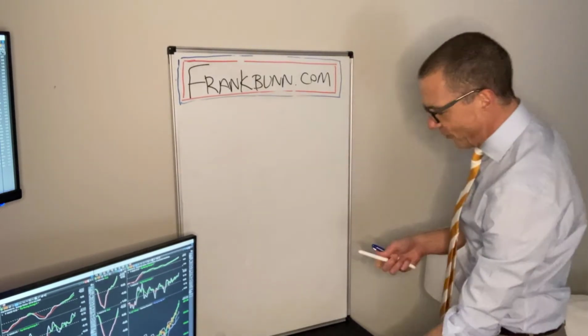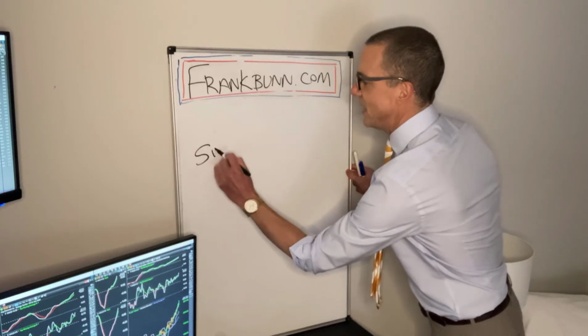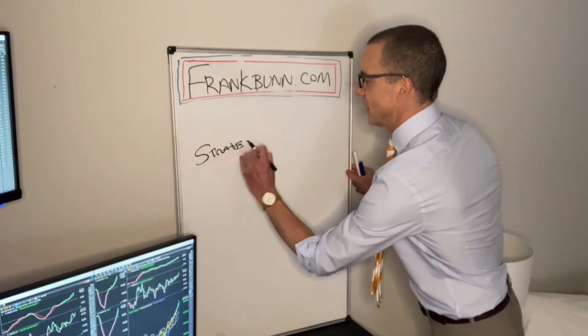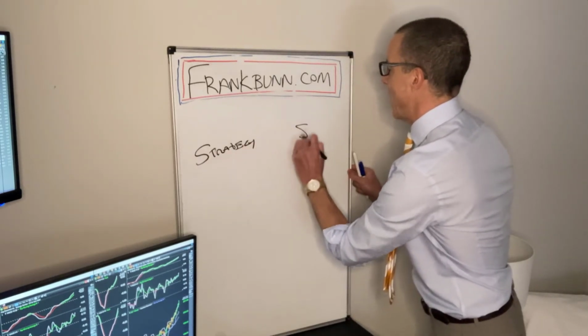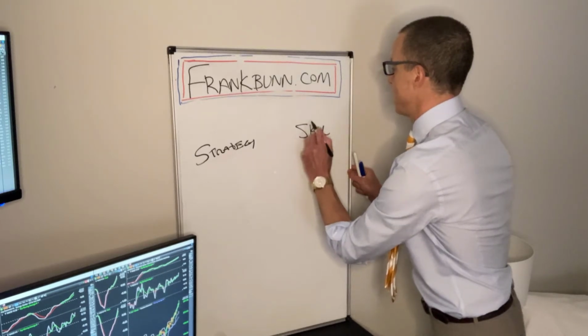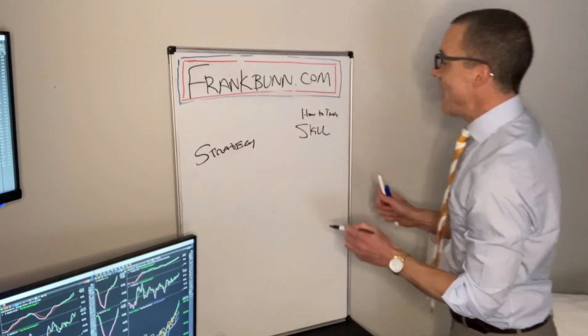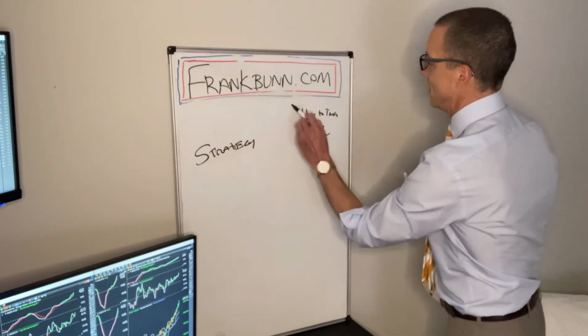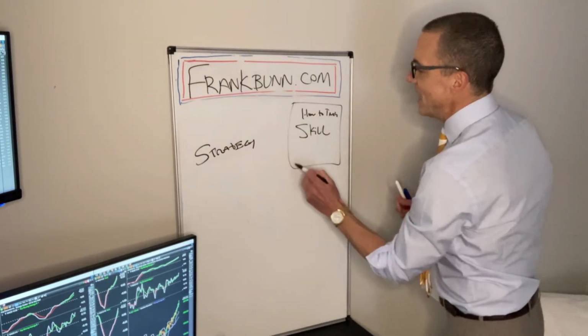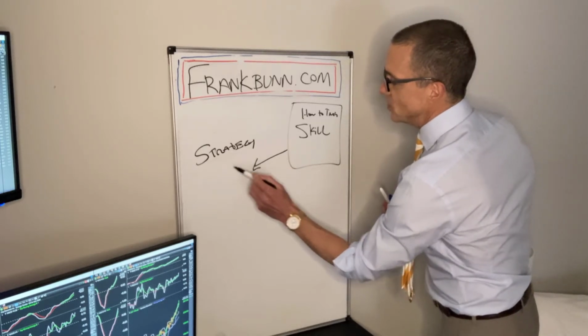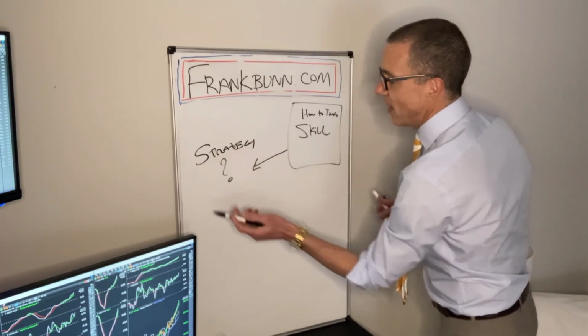So let's go back full circle to where we have strategy from the beginning, and over here we have trading skill. We know how to trade. Once we have this, it's the key that enables us to use any strategy we like.